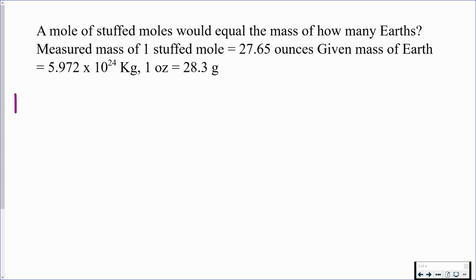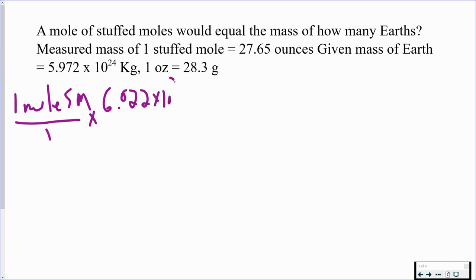So we're going to start, and we have 1 mole of stuffed moles, that's SM over 1, times, we need to get to Avogadro's number, because that's how many stuffed moles are in a mole of them.